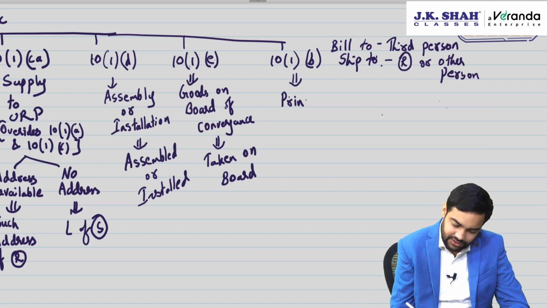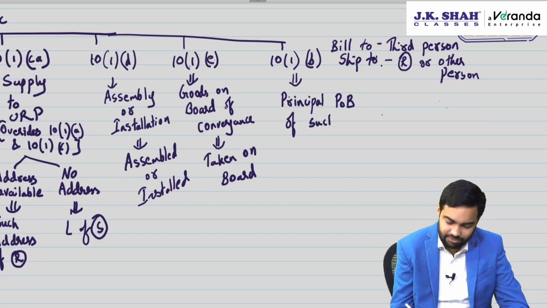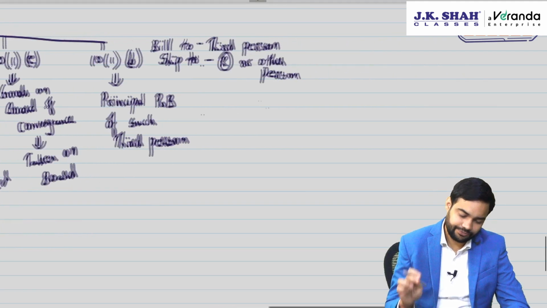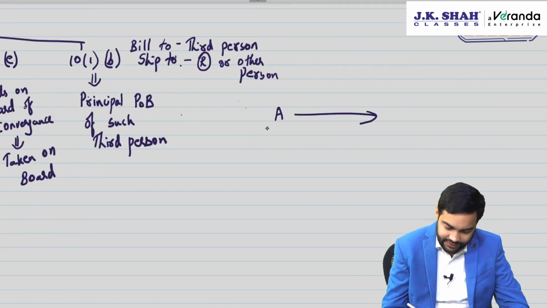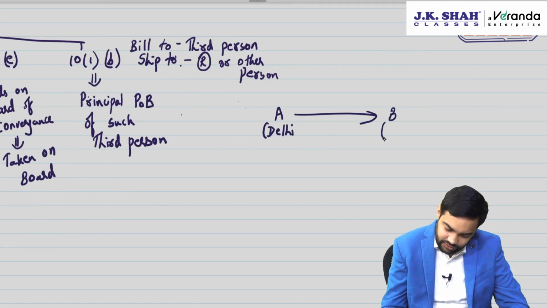principal place of business of such third person on whose direction the goods were delivered to the registered person. Now, say suppose A is in Delhi, B is also in Delhi.